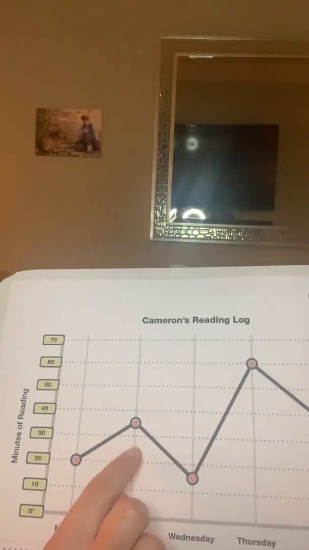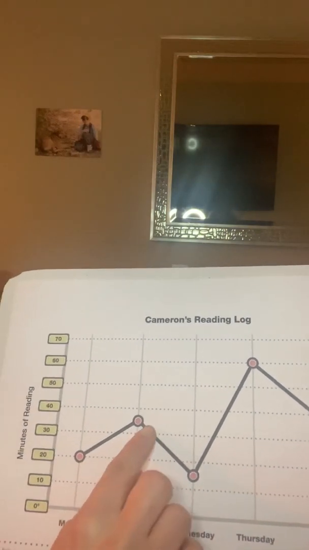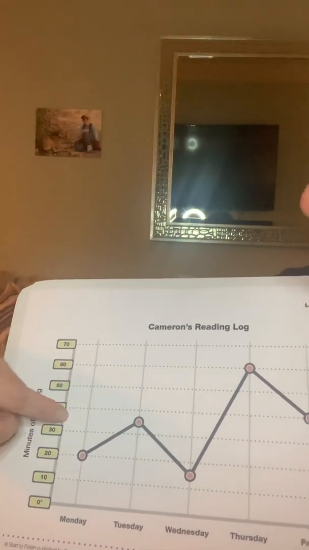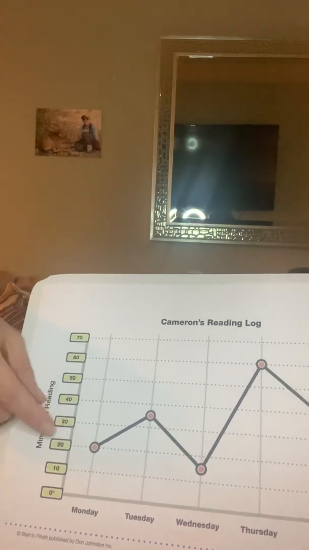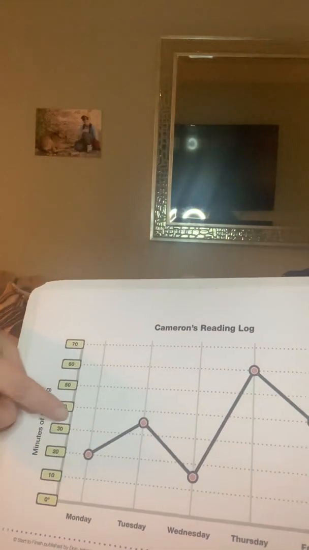I can already see that on Tuesday he read more minutes because the line goes up. So I'm going to follow the Tuesday point across, and I can see that it's in between 30 and 40. So that would indicate about 35 minutes. So on Monday he read for 20 minutes, and on Tuesday he read for 35 minutes.